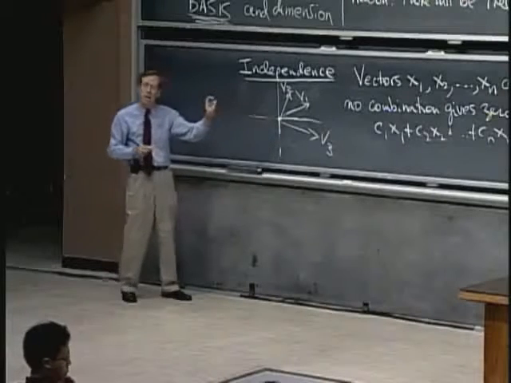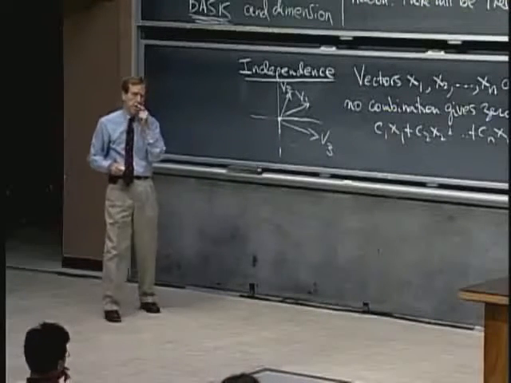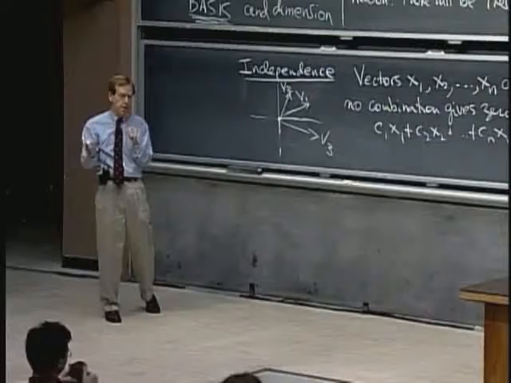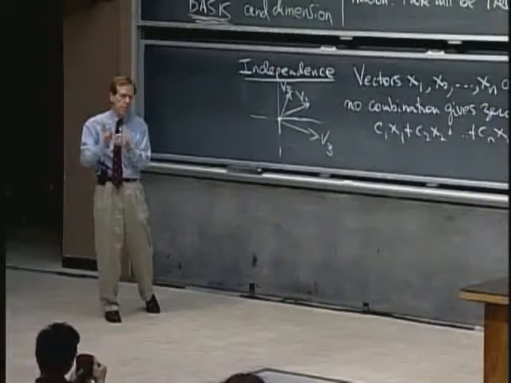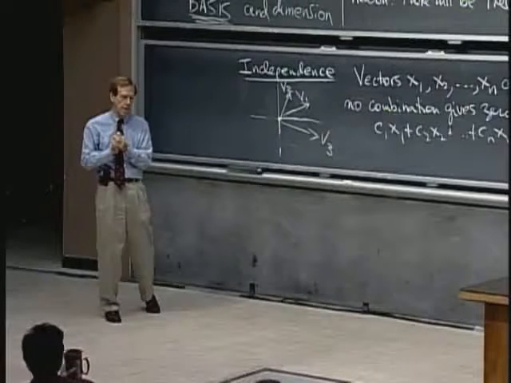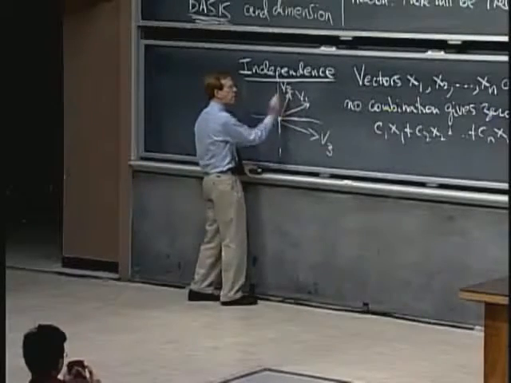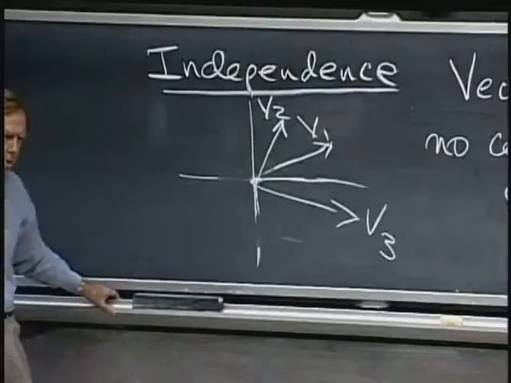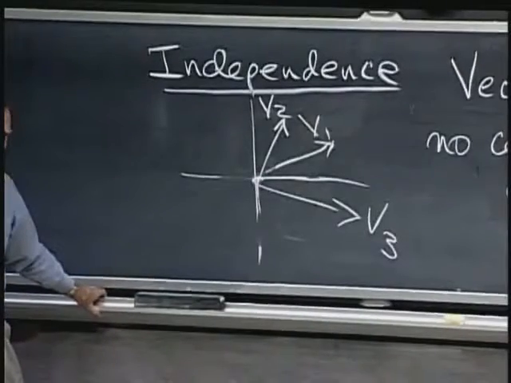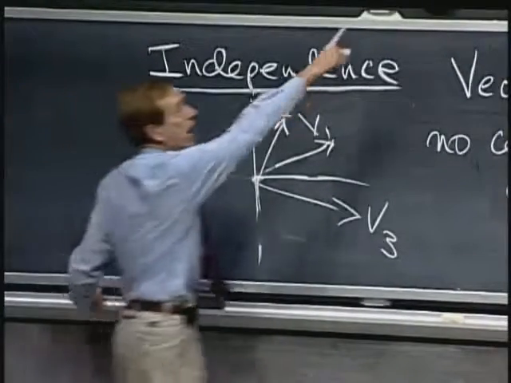But what's the answer on dependent or independent? Dependent. Why? How do I know that some combination of v1, v2, and v3 gives me the 0 vector? I know because of that.